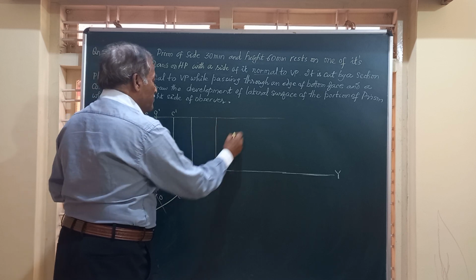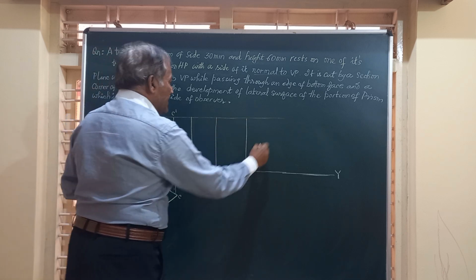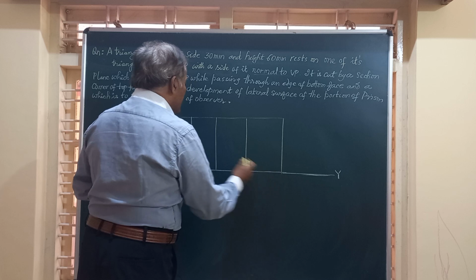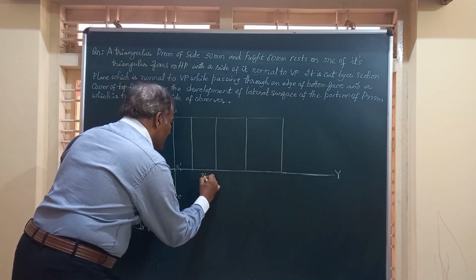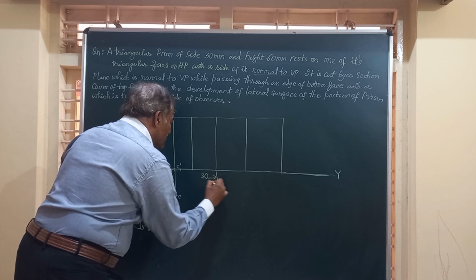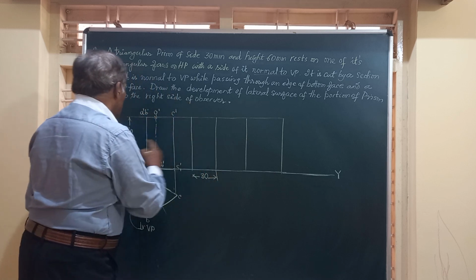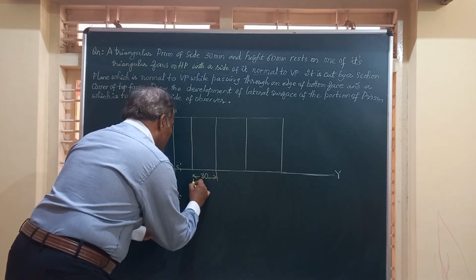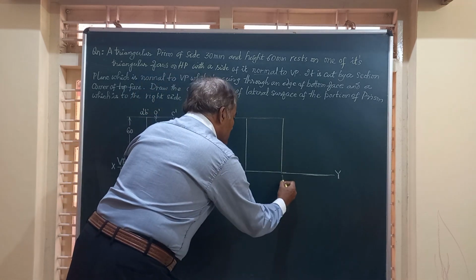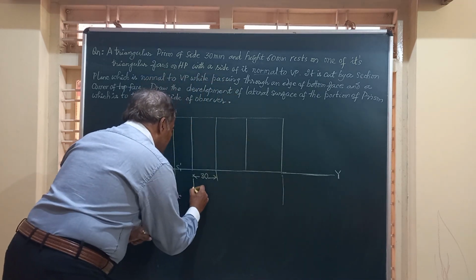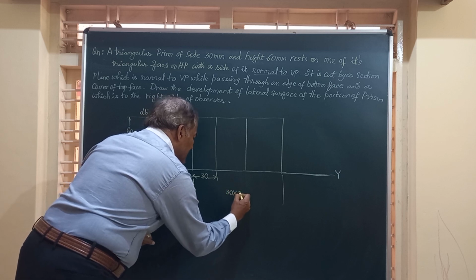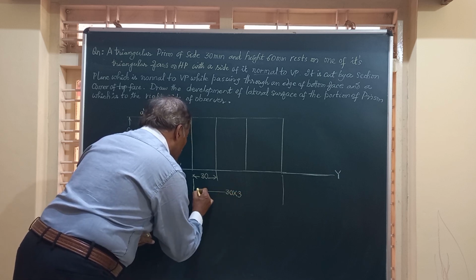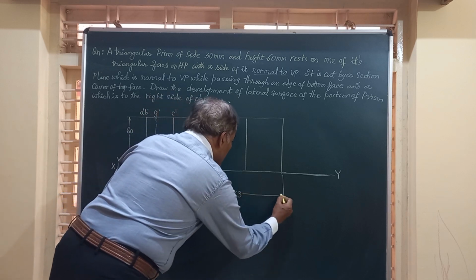So 30 mm, 30 mm, again 30 mm. So three rectangles you will have, all will be equal, and each of these will have a width equal to 30 and height equal to 60 mm, and you have to represent here the total length, that is, this is 30 multiplied by 3 sides, that is 90. This is how you should mark in the development.